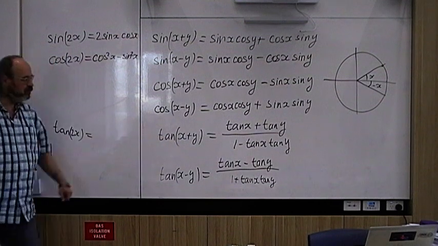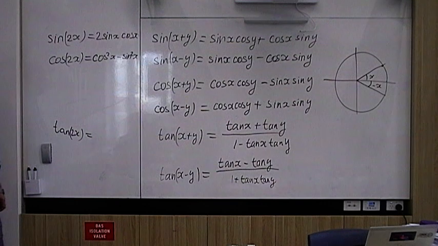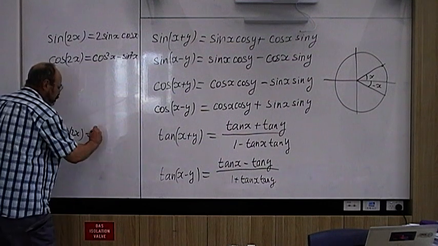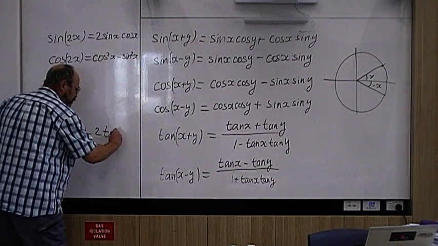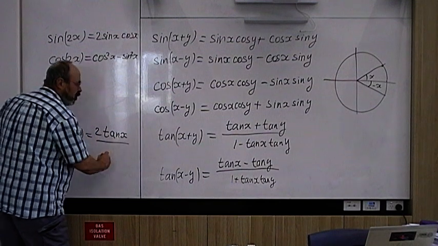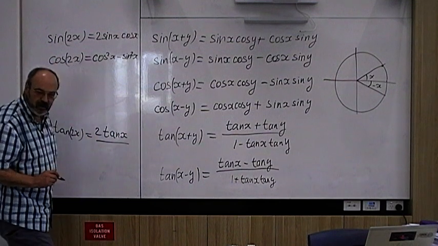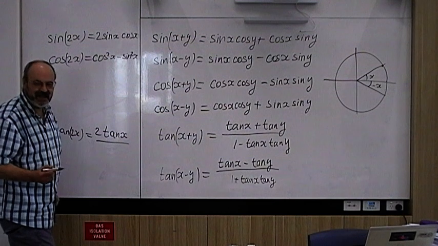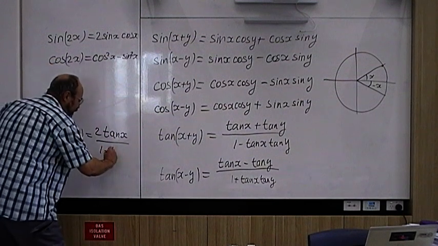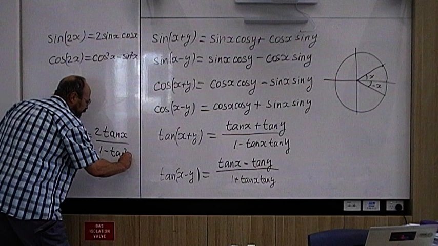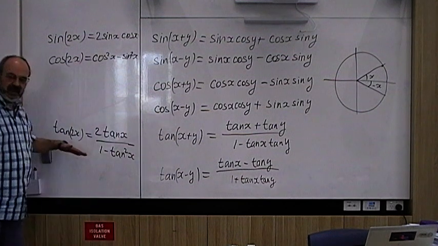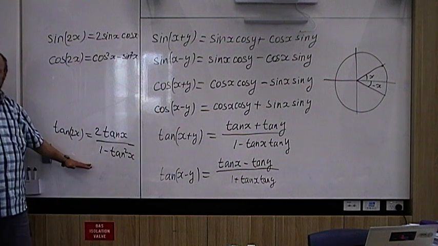Using this formula, 2 tan x divided by 1 minus, not 2, tan x times tan x, tan squared x. So 2 tan x over 1 minus tan squared x. Make sense how we obtain those formulas?